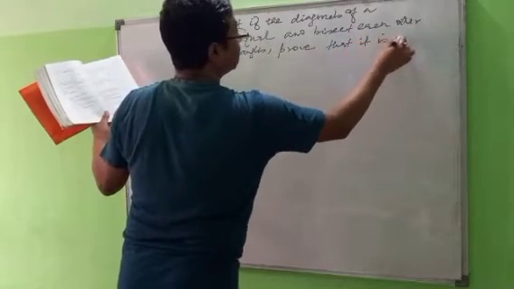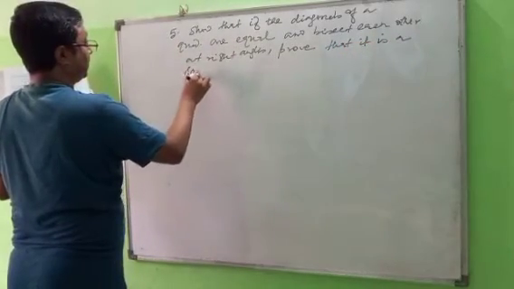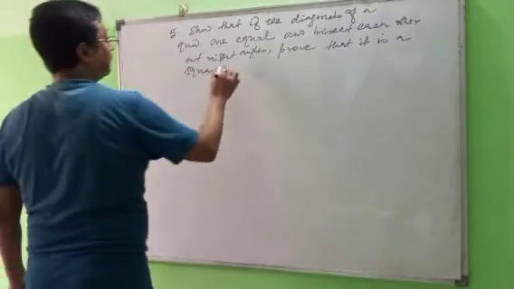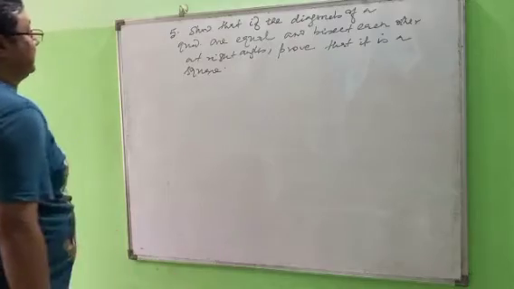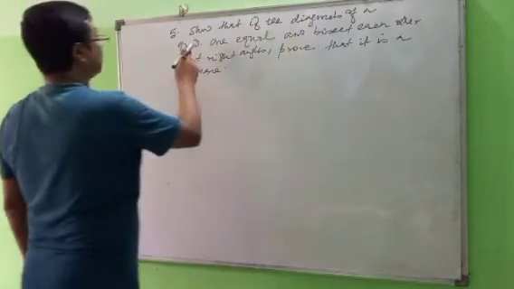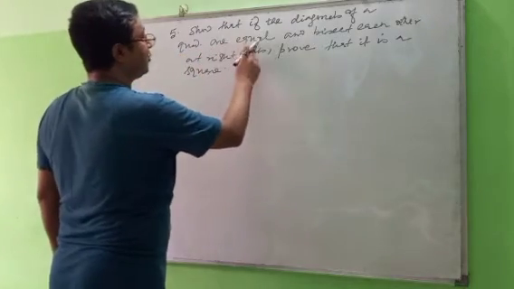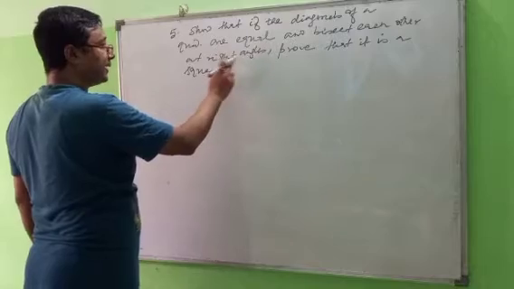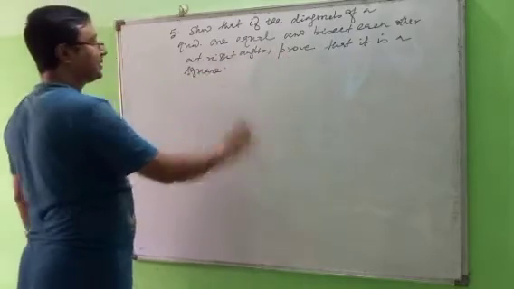It is given that if the diagonals of a quadrilateral are equal and they bisect each other at right angles, prove that it is a square.